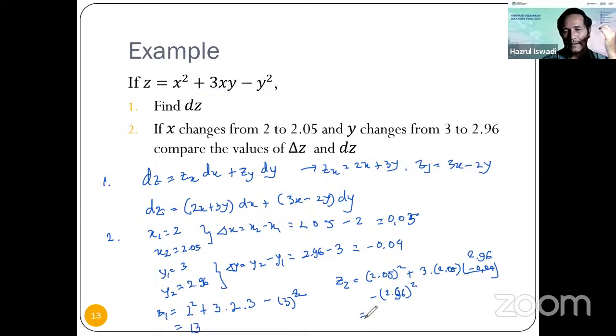Please give me the answer for z2 using a calculator, and you can write the solution in the chat box. What is z2?